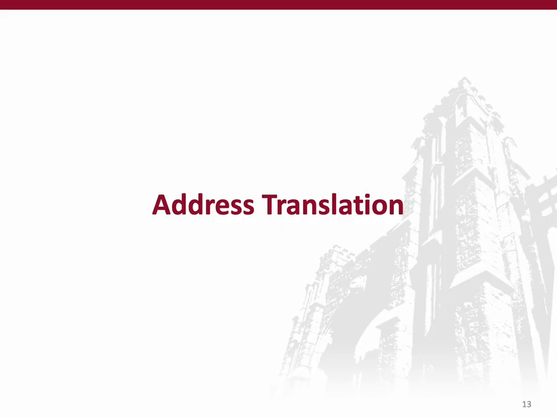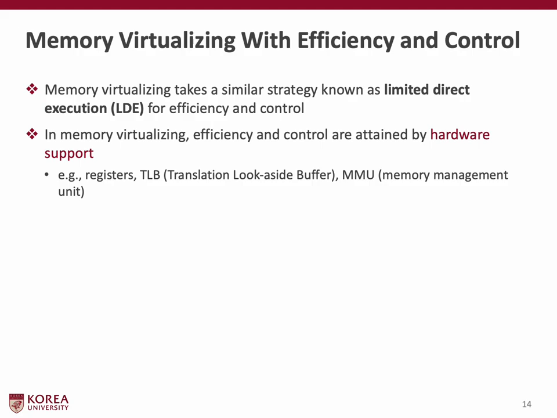Okay, then let's move on to the next topic, which is about address translation. Let's talk about how memory virtualization can be done efficiently and with control. Actually, memory virtualization uses a very similar strategy to what we saw before, that is, the limited direct execution model. Remember that the goal of LDE was to balance efficiency and control.